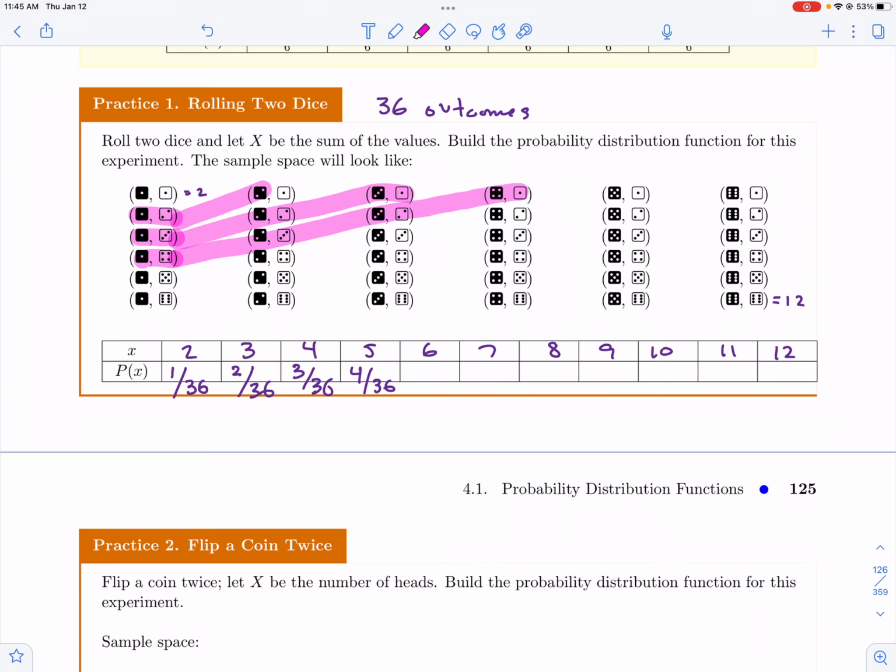For 6, I'm going to end up with 5 out of 36. And then finally for 7, I'm going to end up with those 6.